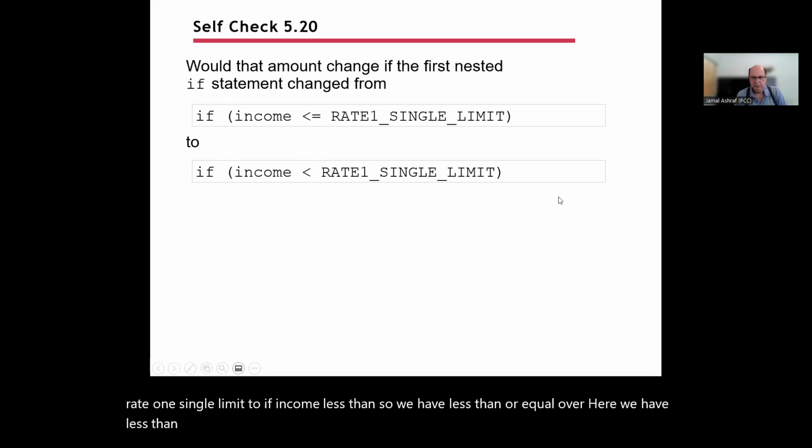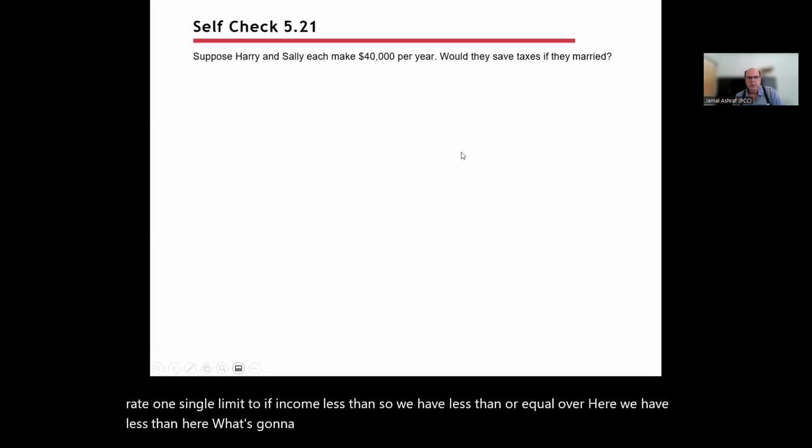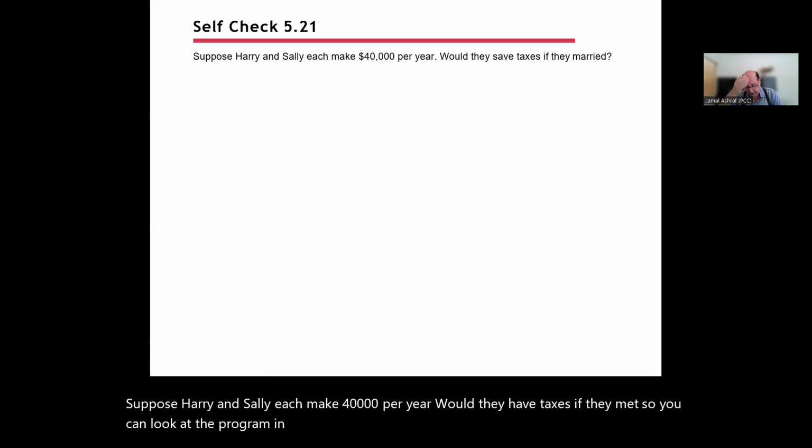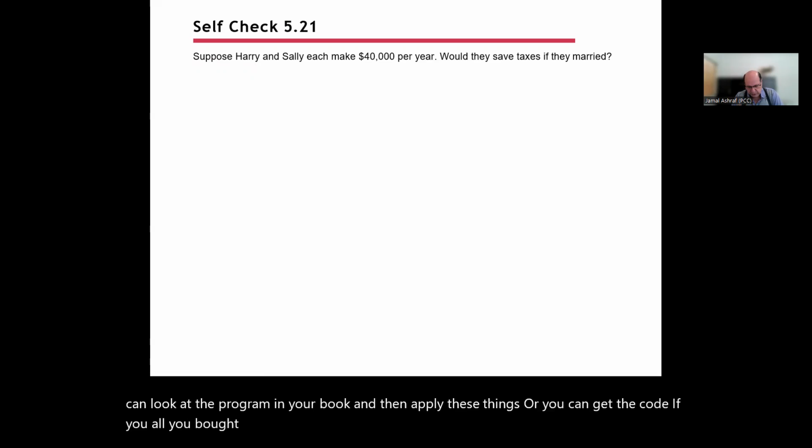What's going to happen? Suppose Harry and Sally each make 40,000 per year. Would they have less taxes if they married? So you can look at the program in your book and then apply these things, or you can get the code. If you bought the book, you have access to the source code of your book. You can bring it to your IDE and run it.